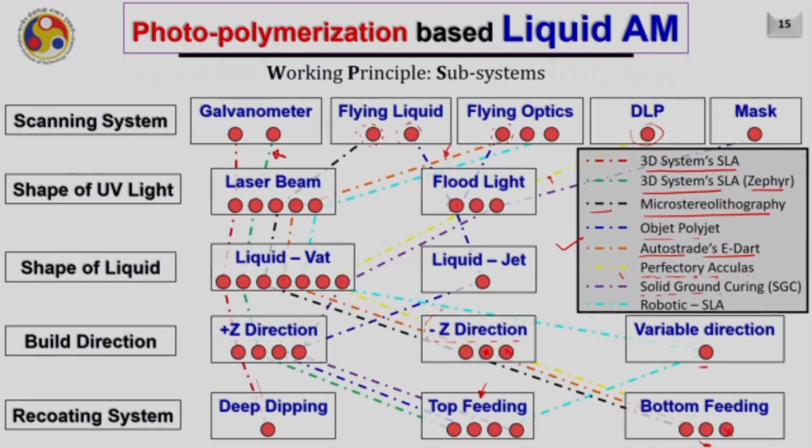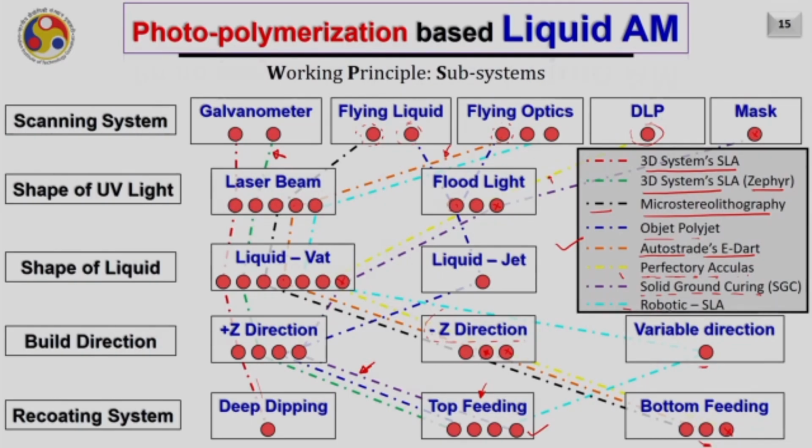Next is Solid Ground Curing. It uses mask for the scanning system and then uses the floodlight and utilizes the liquid wet, builds the part in the plus Z direction and provides the top feeding. It can be tracked by this line.